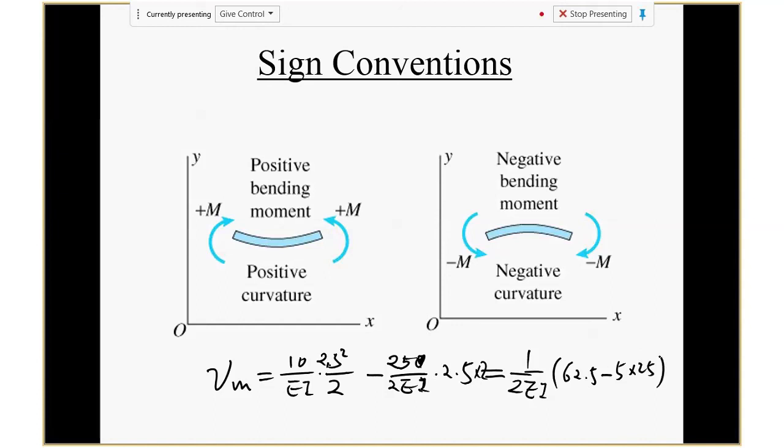Is that correct? So it must be a negative value. Negative value? Yes, because it's moving down, right? When you're bending, you're moving down there.